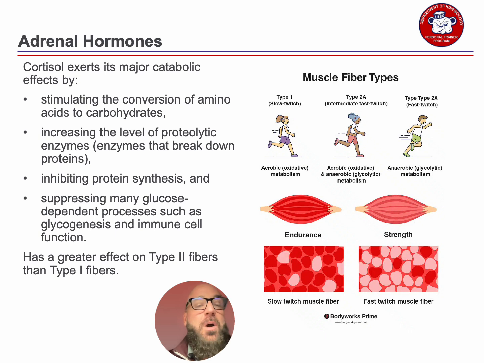It increases the level of proteolytic enzymes that break down proteins, inhibits protein synthesis, so preventing protein growth, and suppresses many glucose-dependent processes such as glycogenesis or gluconeogenesis, where you're actually using other substances to make glucose, and immune cell function. And it seems to have a greater effect on type 2 fibers than type 1 fibers.